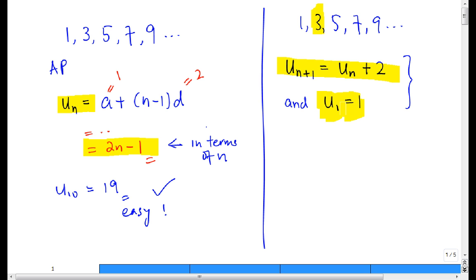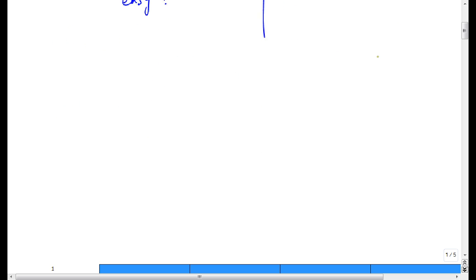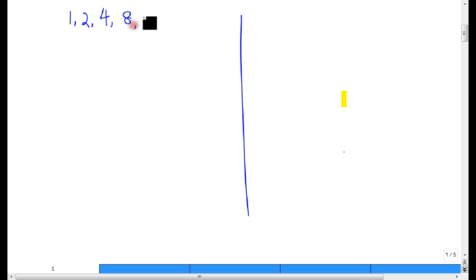Now, I'll give another example just to make it complete. If I have 1, 2, 4, 8, 16, 32, this obviously is a GP. Correct? And I can say that Un is equal to 2 to the power of n minus 1.